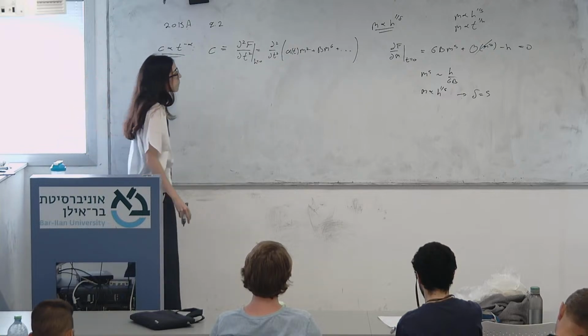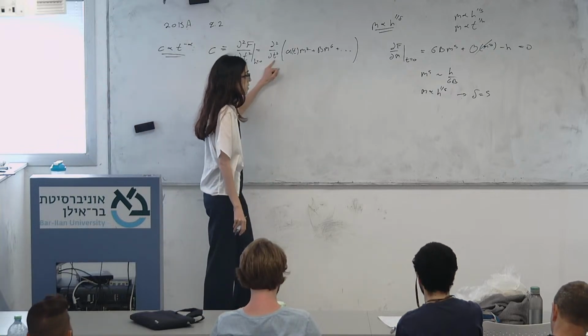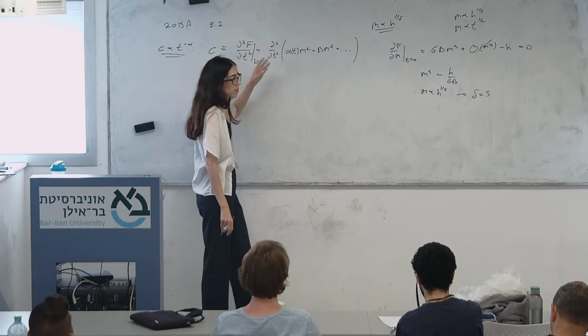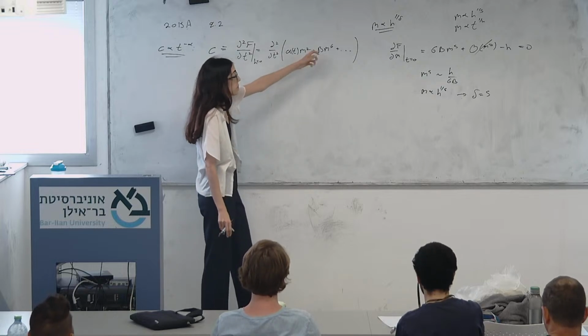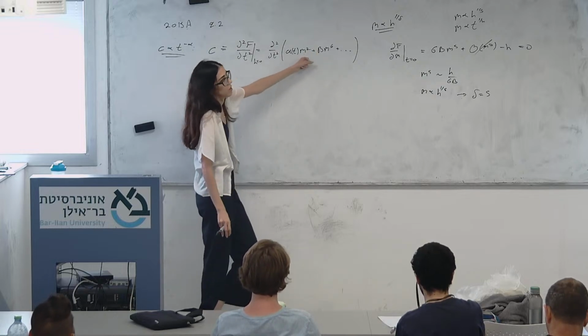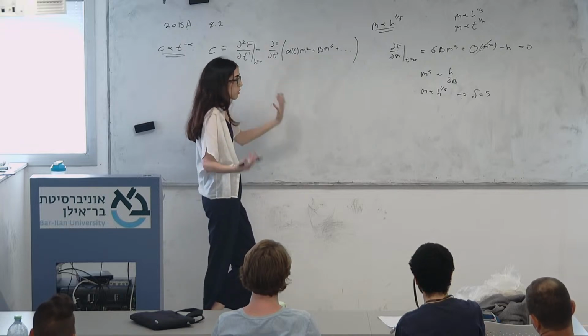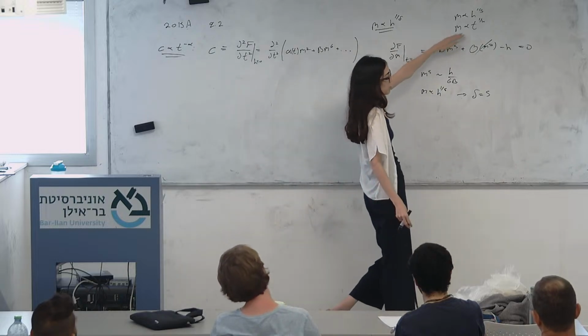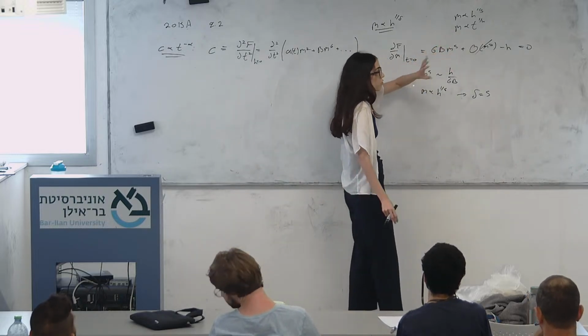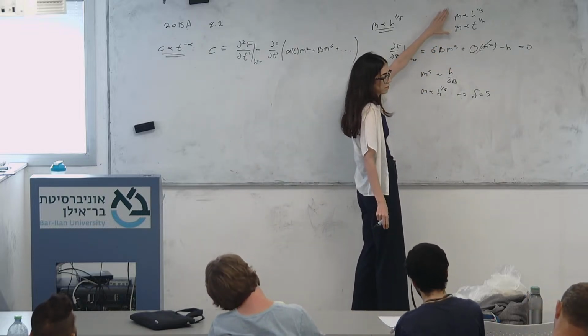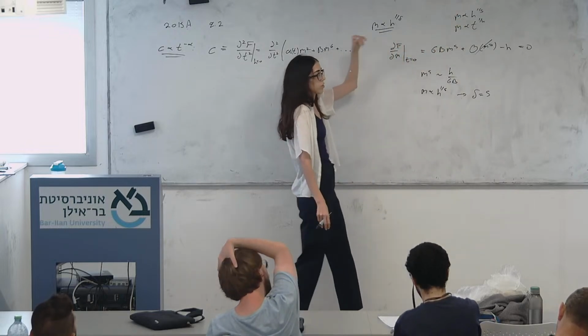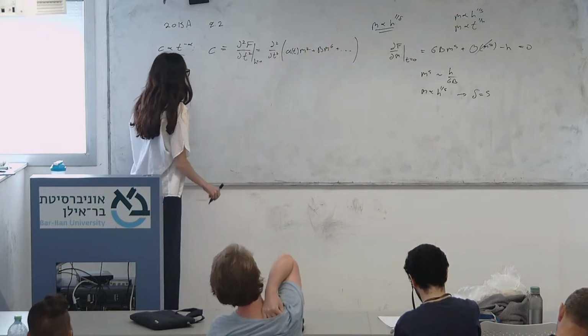So we have a derivative by the temperature, but we have something that depends actually both on the temperature and on the magnetization. And we know the magnetization depends on the temperature. So we can go and use what we already found. That's why you should always first find the magnetization exponents, because then you can use them for that.